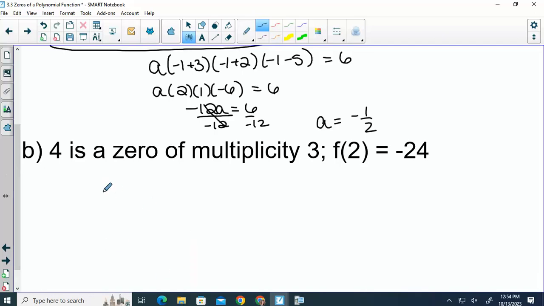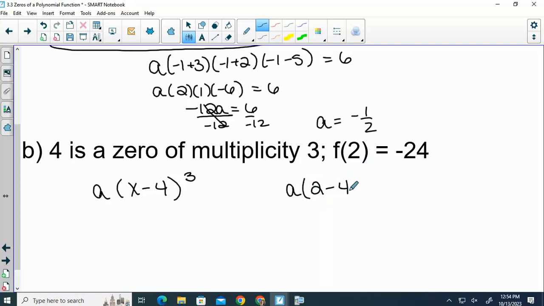This one, 4 is a 0 of multiplicity 3. So what would I write? x minus 4 to the 3. And the only other thing we could have is a coefficient. So we know f of 2 equals negative 24.